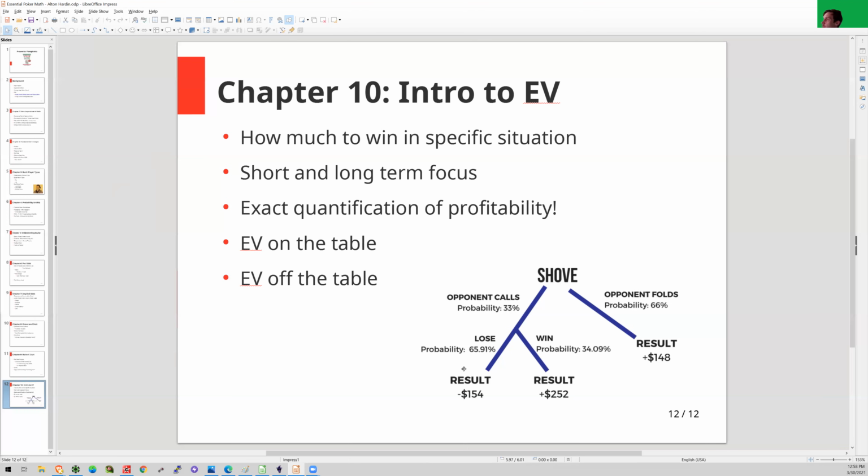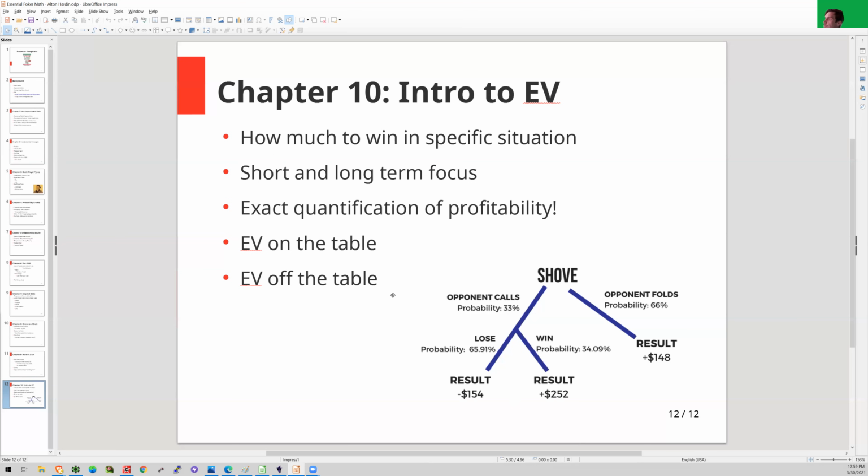They don't really do any math, but generally the idea of EV, I just clipped out a little tree here, is basically you have the probability of a call. And if a call happens, you have two outcomes: either you call and you win, or you call and you lose. Both of those have a certain probability and dollar amount attached to them. The same thing is true if they fold and you win the pot immediately.